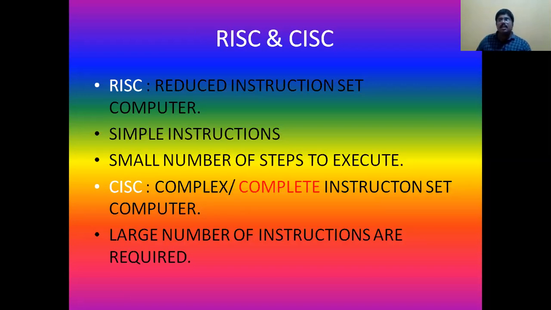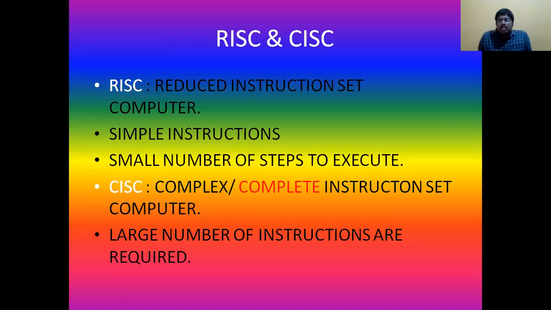So obviously, it will take a lot of time for execution. So the speed of the processor is very slow, which in result decreases the performance of a computer. So that is CISC.